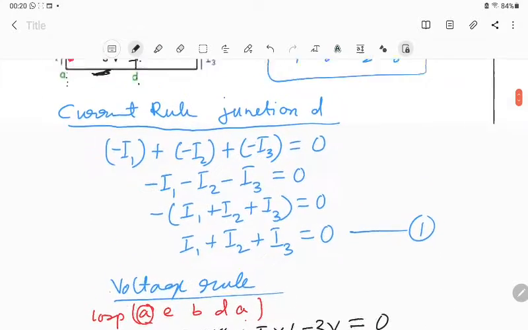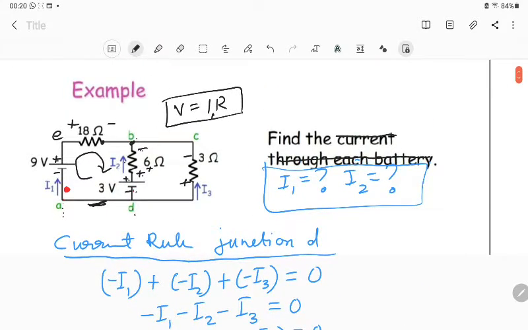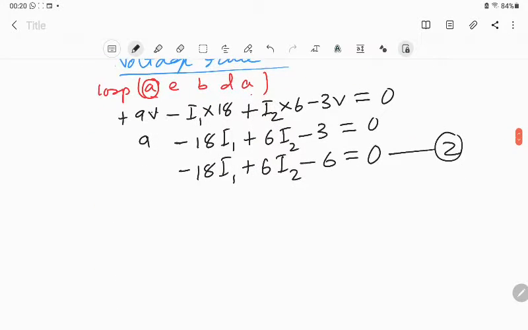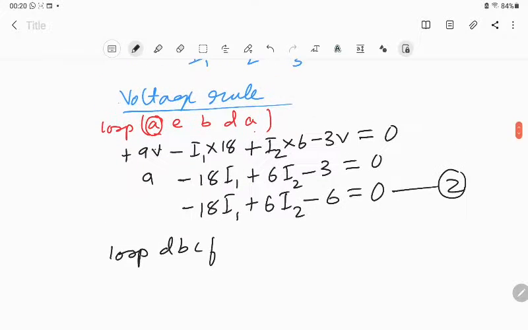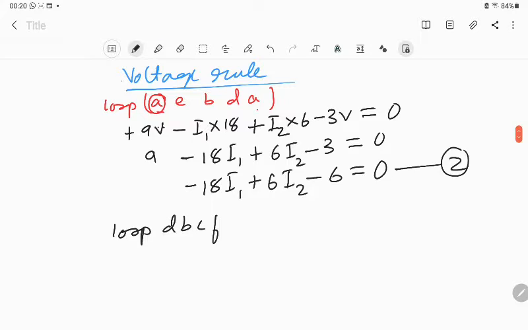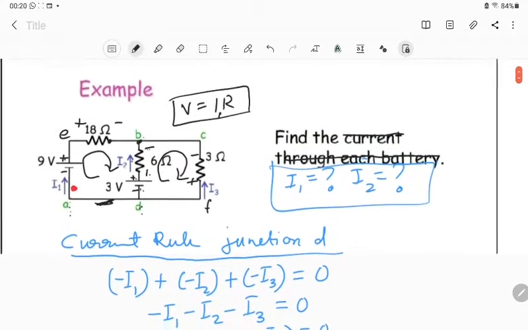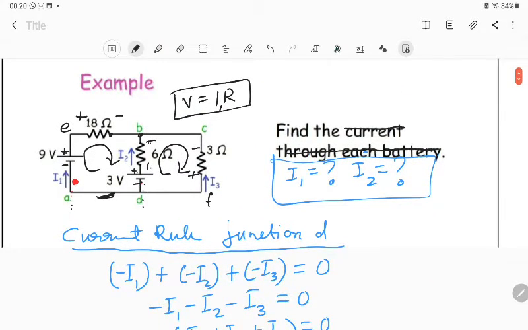Now take the next loop. The next loop is like this, starting from D, B, C, and let's take this F. So the loop is D, B, C, F. Applying the voltage rule, starting from D, my loop direction is like this.